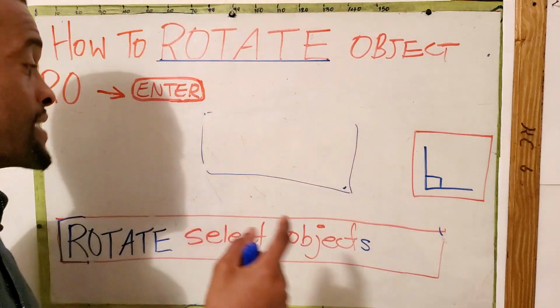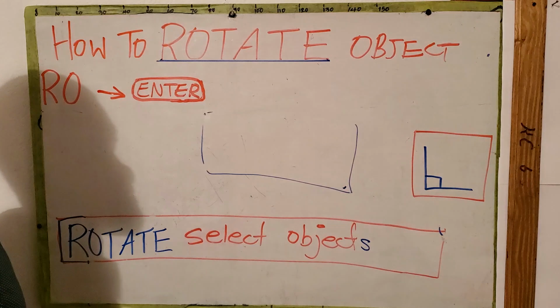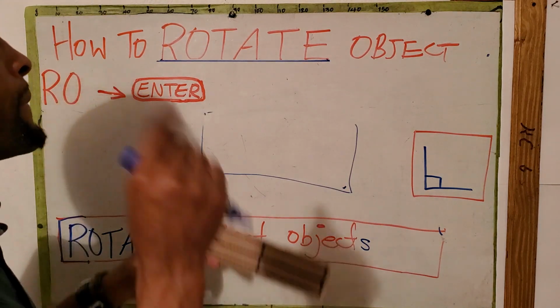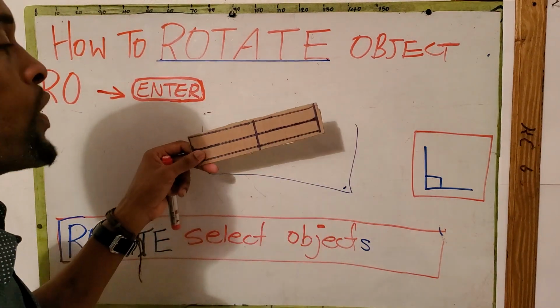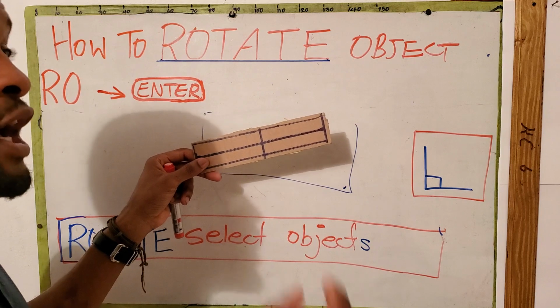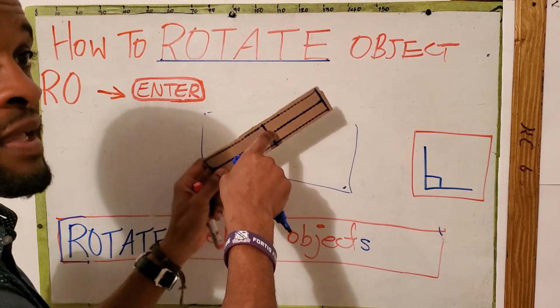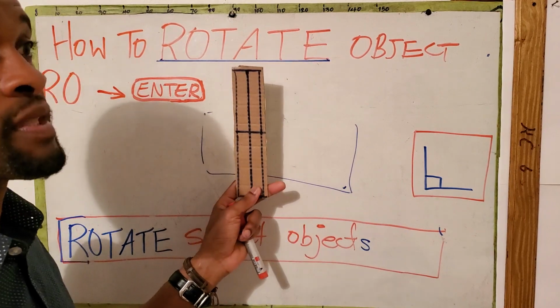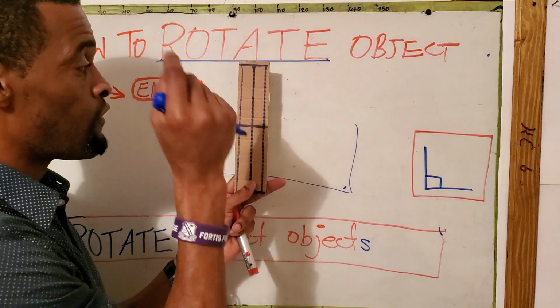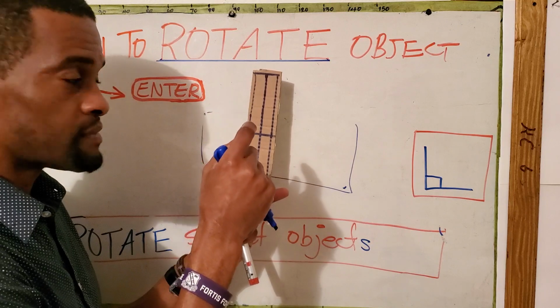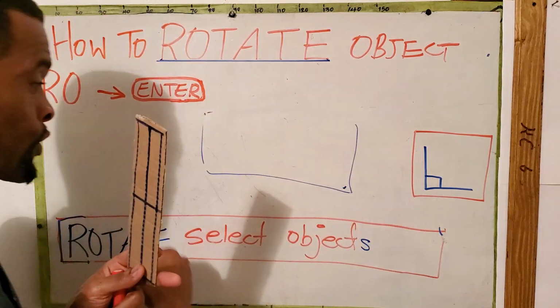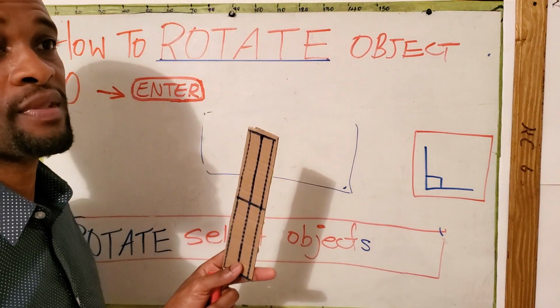Once you have done that, the command bar will change again. It will then say specify the base point. The base point is where you want the object to rotate at. You will determine that. Once you have selected a base point, the command bar will change again.